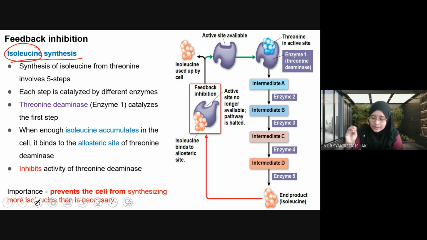Okay, so here we have the initial substrate. The initial substrate is threonine. Threonine is the initial substrate binding to the first enzyme. In this case, the first enzyme is threonine deaminase.